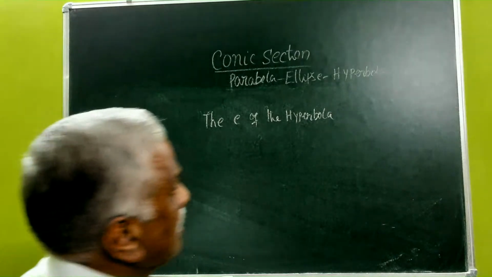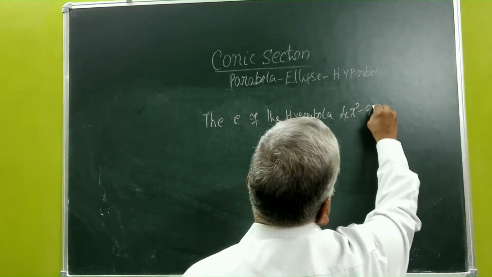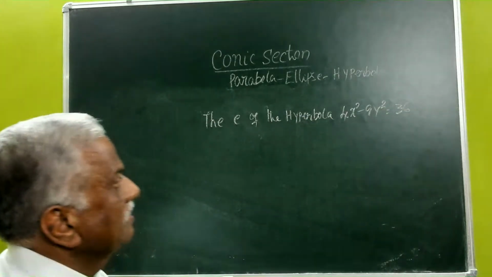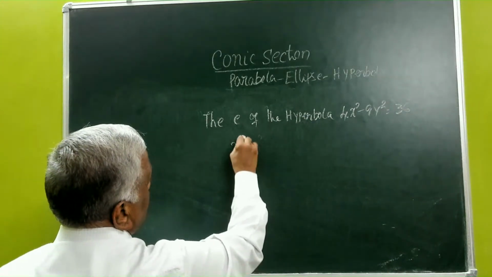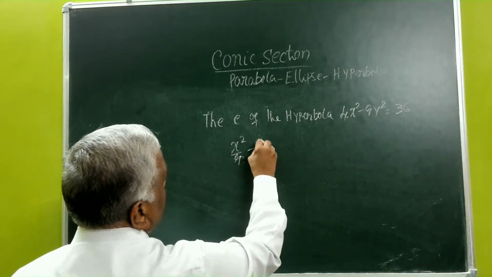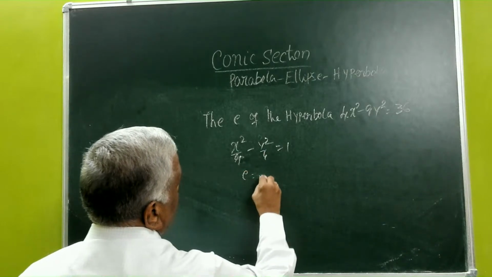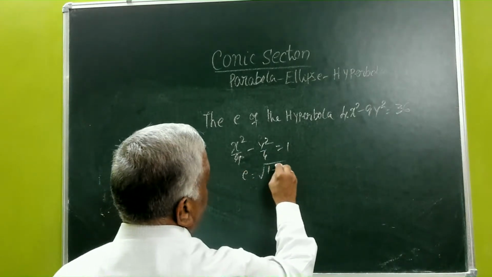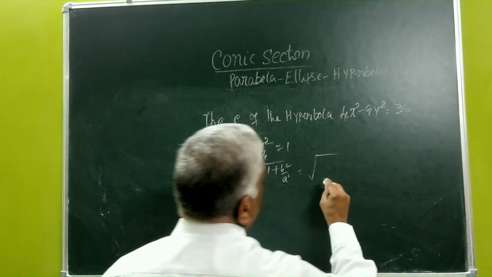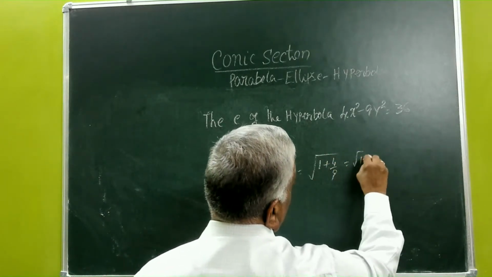Hyperbola 4x square minus 9y square is equal to 36. It is not in standard form, so bring it to standard form: x square by 9 minus y square by 4 is equal to 1. They want E. For a hyperbola, it is 1 plus b square by a square, because it is first type. 1 plus 4 by 9, that is root 13 by 3.